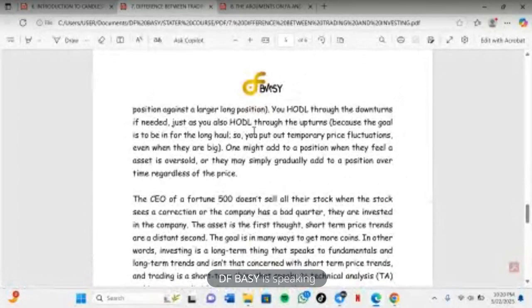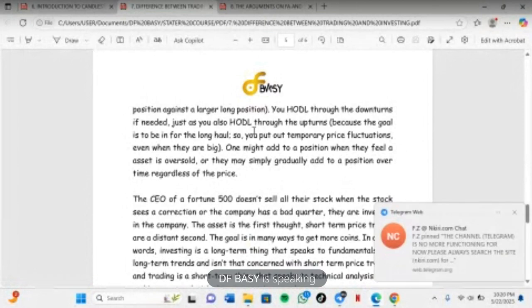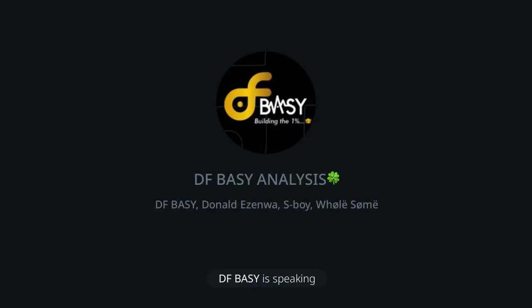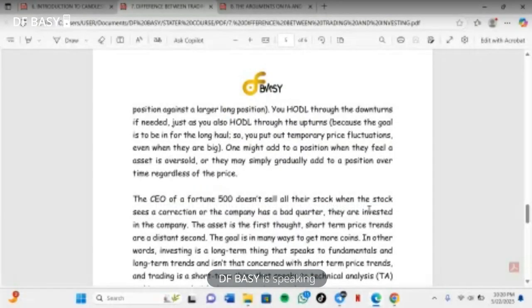what that simply means is, investing is like, and I want to use crypto because it's simpler for you guys to understand than currency pairs. It's like buying Bitcoin for a long run. Let's say when Bitcoin was $10,000 per Bitcoin, you buy like 20 Bitcoins, or let's say 40.